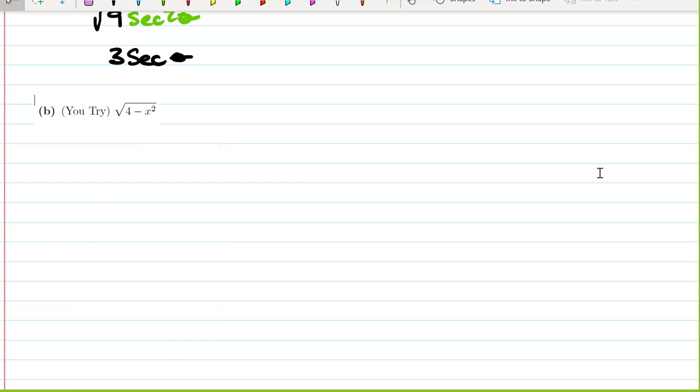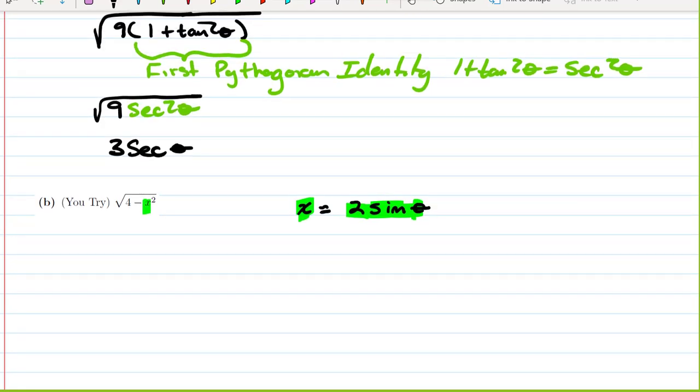All right, for this one, the substitution that we're going to need to make is x equals 2 sine theta. So once again, to resolve this, we're going to substitute into our expression.